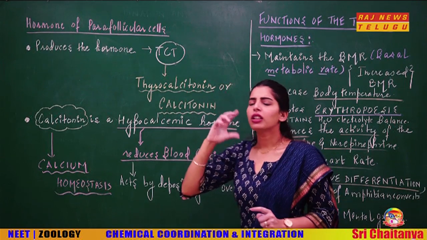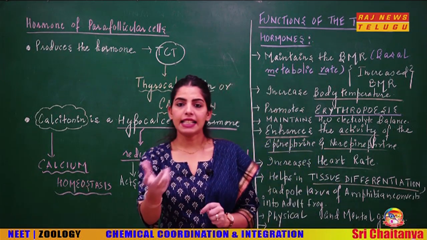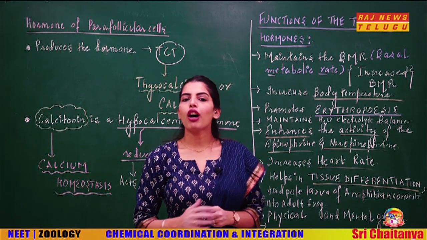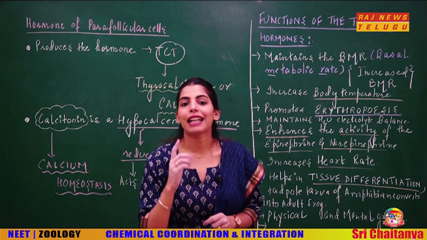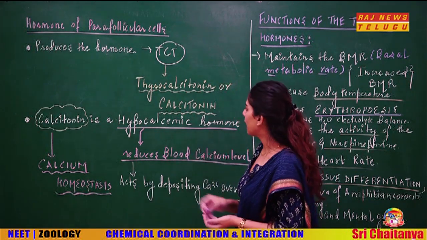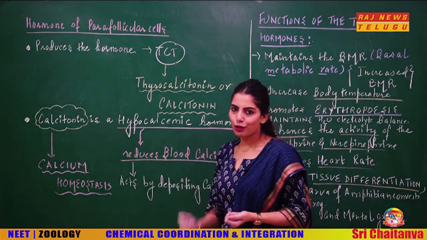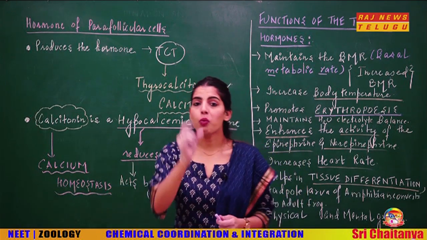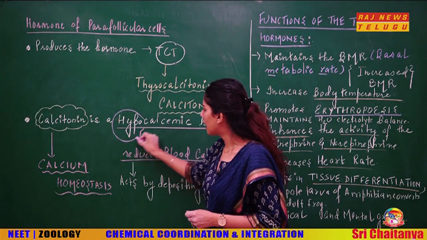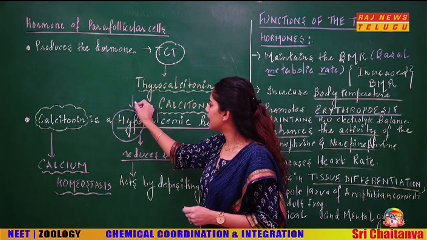Now the term itself has calci, which is related to calcium. The role of thyrocalcitonin, or calcitonin, is very, very important, being hypocalcemic. Students, we have already discussed the word meaning of hypo. Whenever you use the term hypo, hypo means decreased.